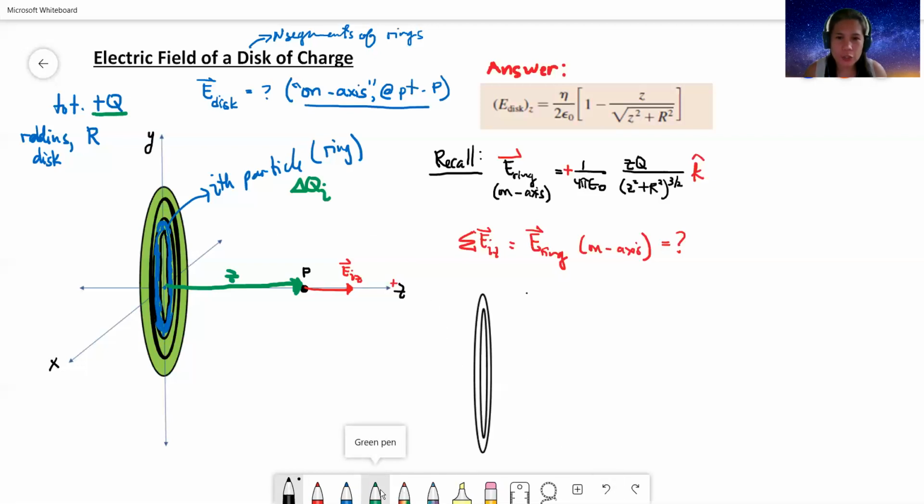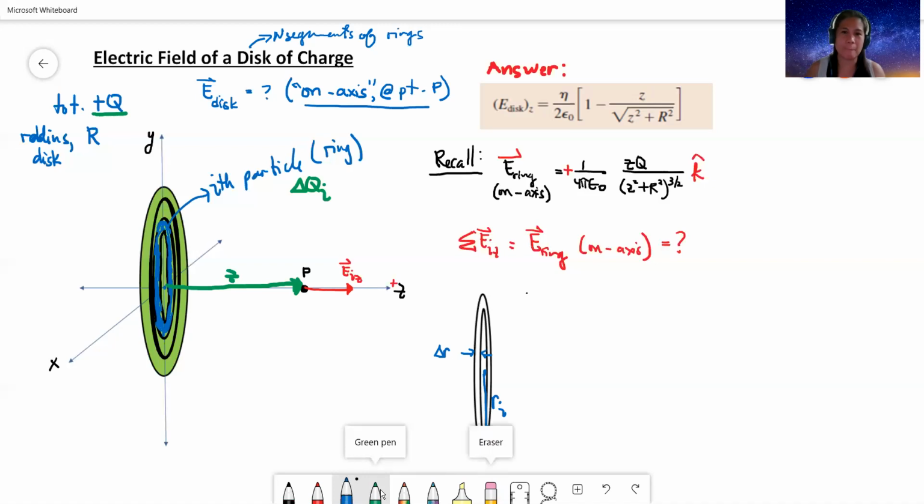So the width of this ring is defined as delta R. That's its width. And then the radius of the ring, we'll call it R of the ith particle, small letter r. The capital R is for the entire disk. Small letter r sub i is the radius of each ring, the ones we divided.